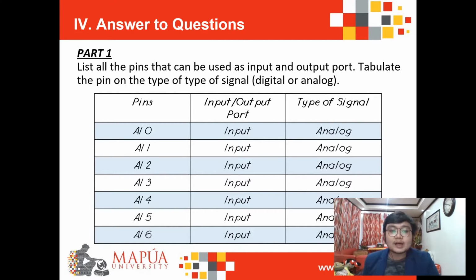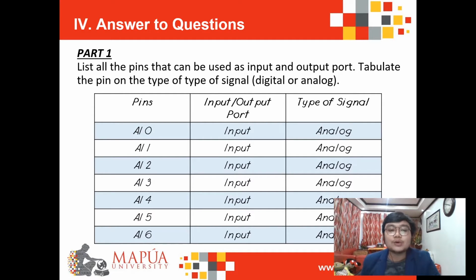So for the part 1, list all the pins that can be used as input and output port. Tabulate the pin on the type signal, digital or analog. So here, I was able to arrive and answer the question by checking the labels in the pin configuration. For example, if the label starts with AI, it means that the pin is an analog input.